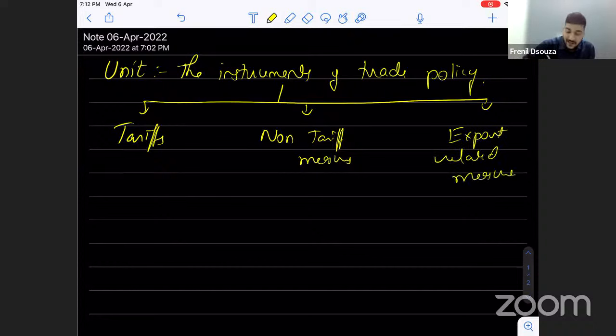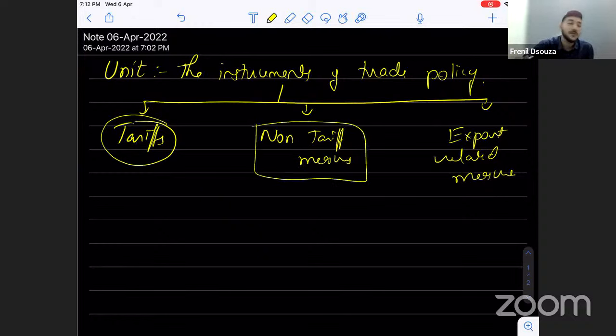When I say tariffs, I'm talking about the various types of levying tax on the goods and services which are moving from one country to another. Non-tariff measures are mostly in the form of rules and regulations, the criteria that you have to meet in order to do foreign trade. And export related measures are measures used to promote exports.